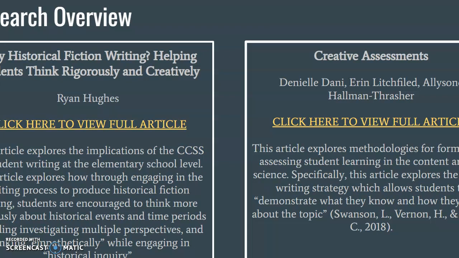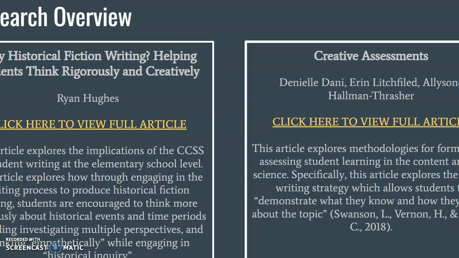The article explores how, through engaging in the writing process to produce historical fiction writing, students are encouraged to think deeper and more rigorously about historical events, time periods, and also taking on multiple perspectives and thinking almost empathetically while engaging in this type of historical inquiry work.